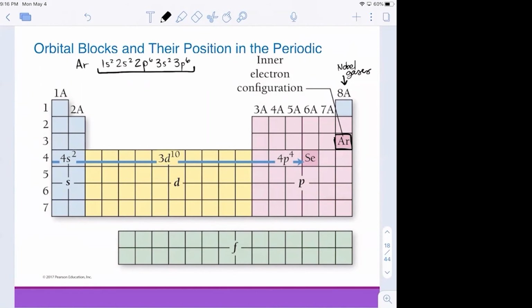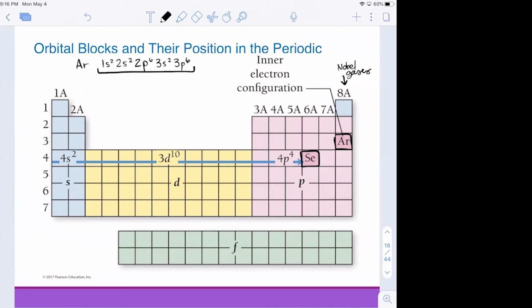They all end on a p6 filled orbital. And so for any other element, instead of writing the entire full electron configuration, we can write an inner or noble gas shorthand electron configuration.